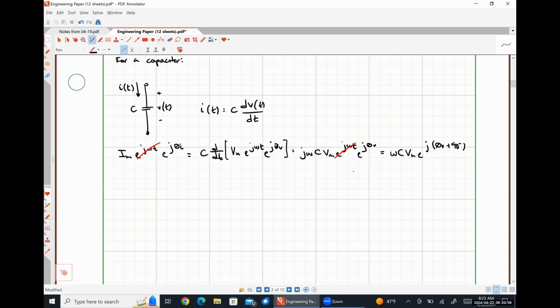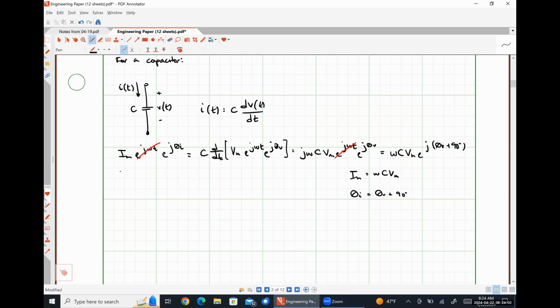And therefore, the magnitude of my current Im is simply omega C times Vm. The phase angle of my current is theta V plus 90 degrees. And now we see that for a capacitor, the current always leads the voltage by exactly 90 degrees.